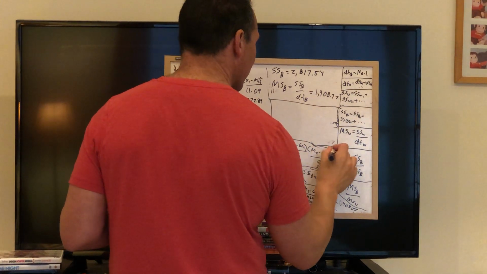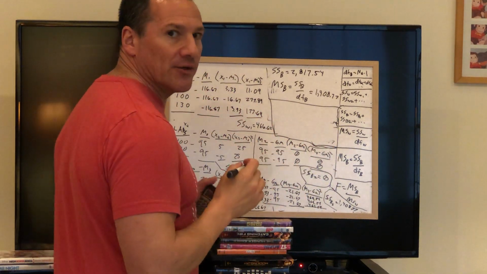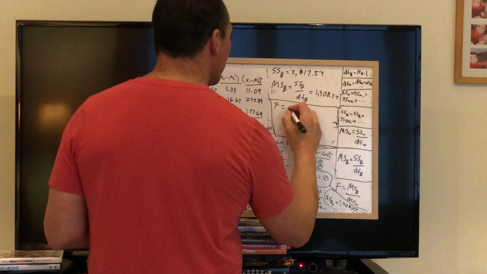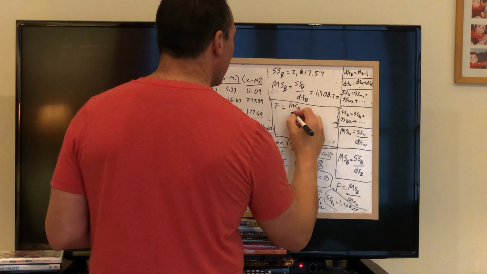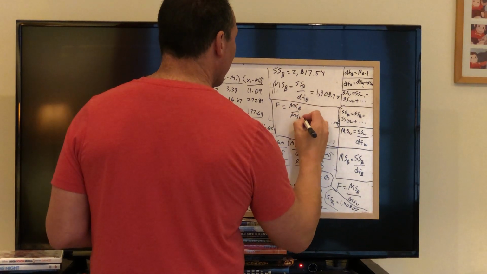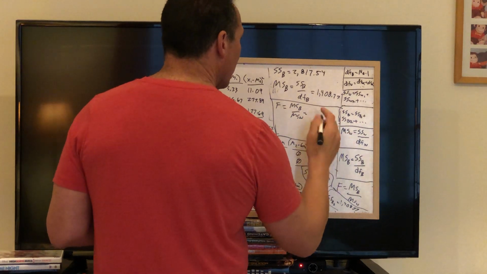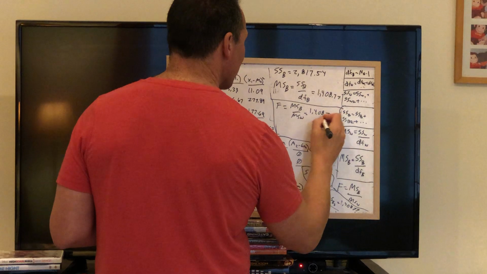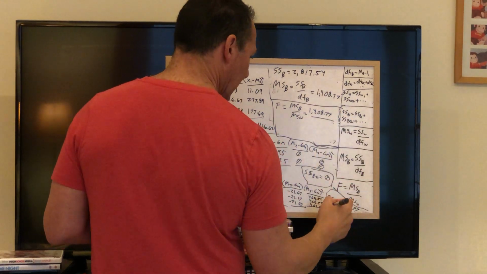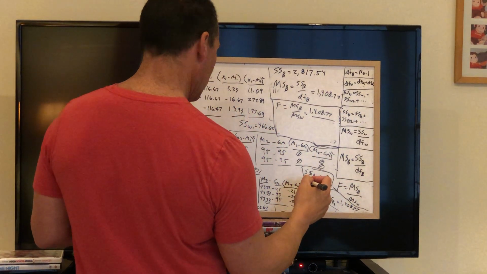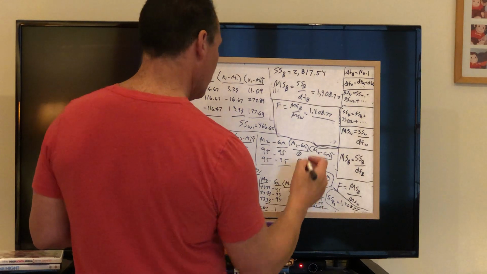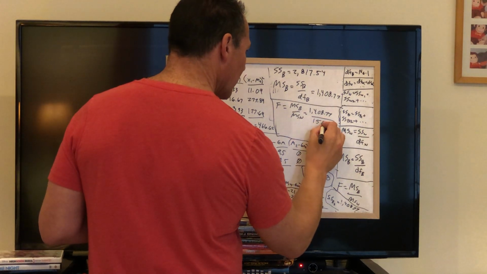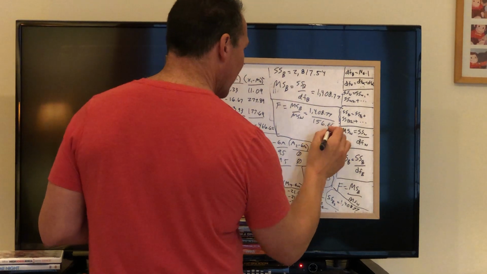Kids, we're just about done with this particular step. F equals MSB divided by MSW. That equals 1,408.77 divided by 156.66. Thank you, Dana.